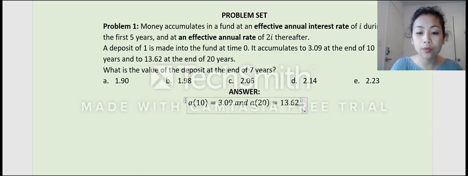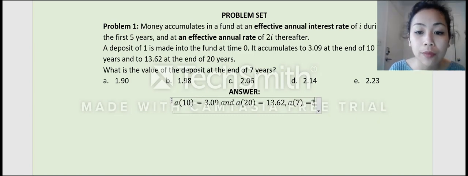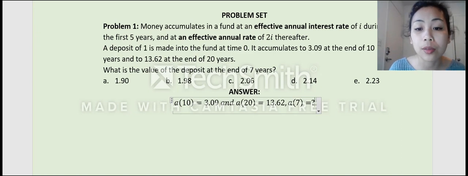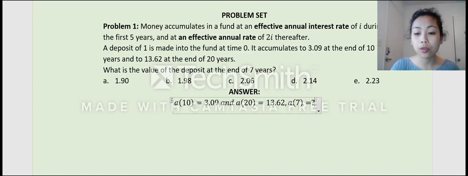And the question asks for A of 7, right? A of 7. And also the question gives you that money accumulates in the fund at an effective rate of interest I during the first 5 years and an annual rate of 2i thereafter. So now we are using that information to construct the formulas for A10 and A20.